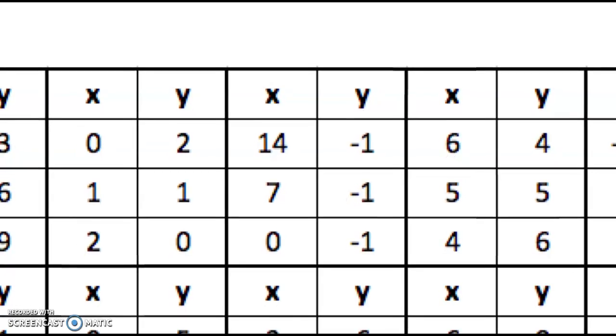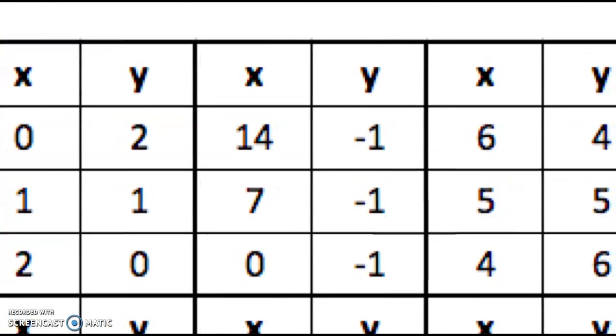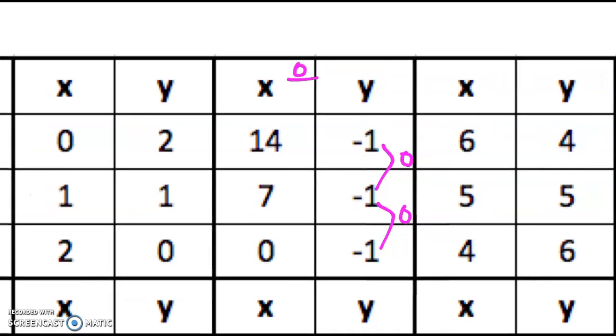Let's do this one right here in the middle with all these negative 1s. That's going to look like something different, I think. Let's figure out what our change in y is to go from negative 1 to negative 1. There's no change, so my change is 0. Negative 1 to negative 1, my change is 0. So my change in y is 0. I have to divide that by my change in x. What is my change in x?